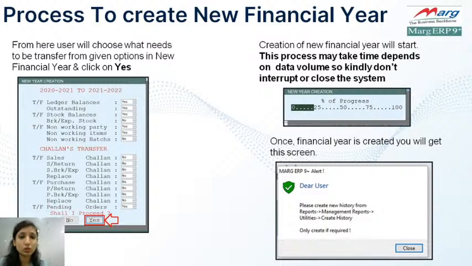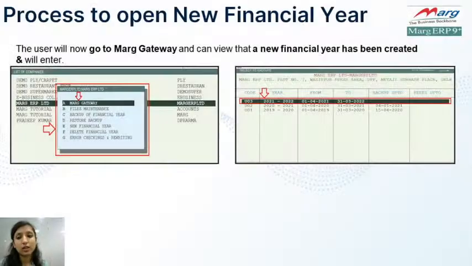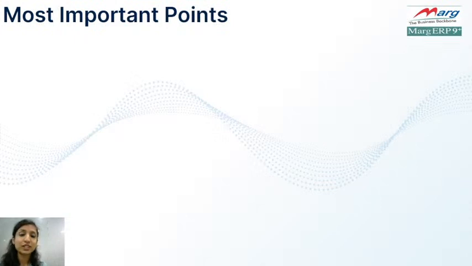If you need all that information, you simply go to create history reports, management reports, utilities, create histories, fill in all the information mentioned there, and then click OK. Thereafter, you will get the new financial year in your list, and you can work in the new financial year as per the requirement. So happy new financial year to all.